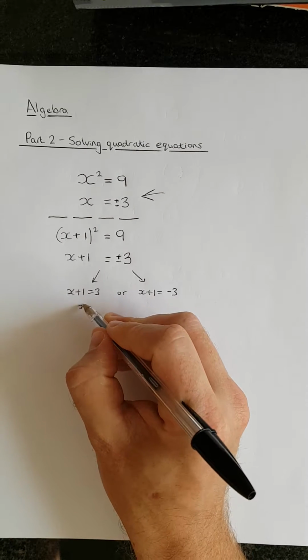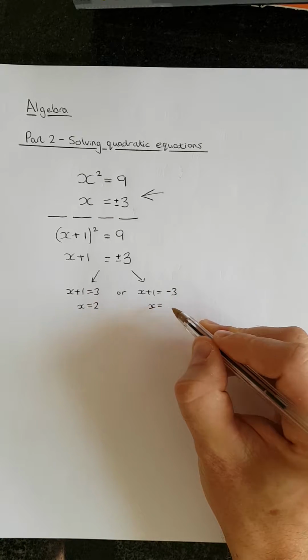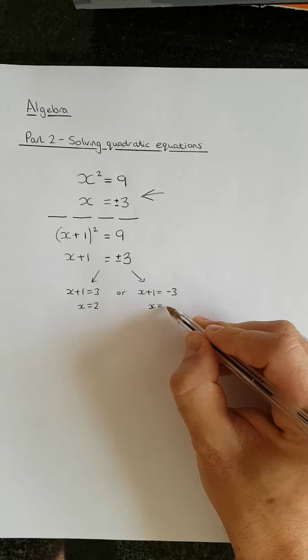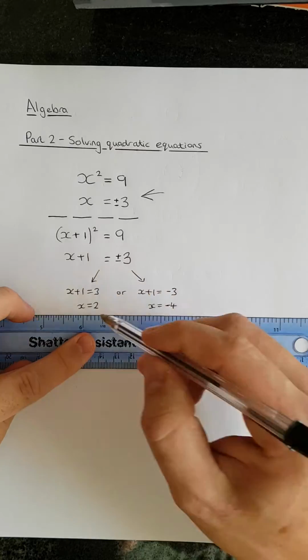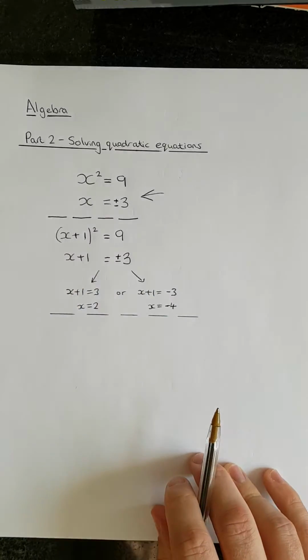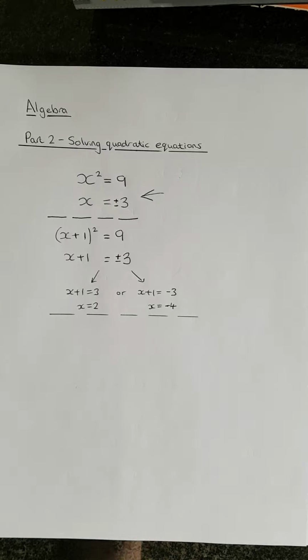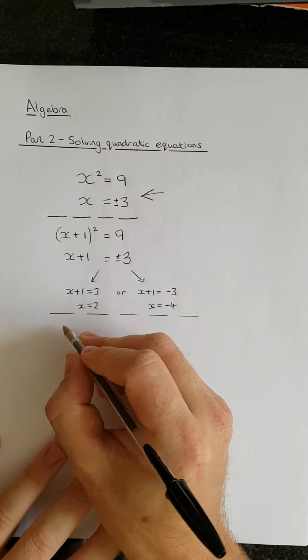Well, that means x is 2 over here, and over here it will be minus 4. So two solutions available from that situation. I've solved a quadratic equation without anything more than remembering that x squared equals 9 gives me x equals plus or minus 3. Okay?